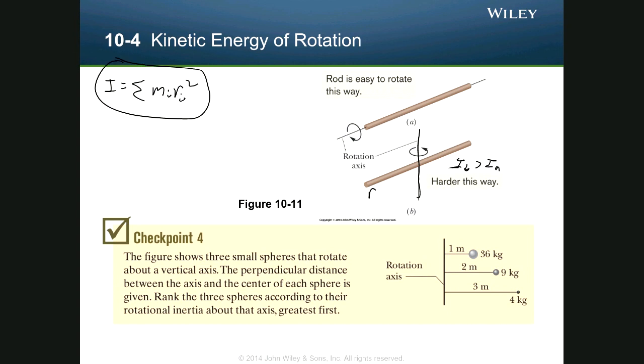So rank the 3 spheres according to their rotational inertia about the axis. We'll call this sphere 1, sphere 2, and sphere 3. So rank those.